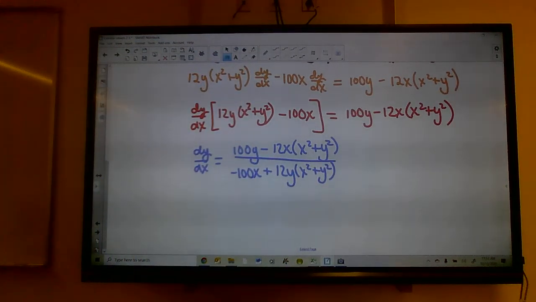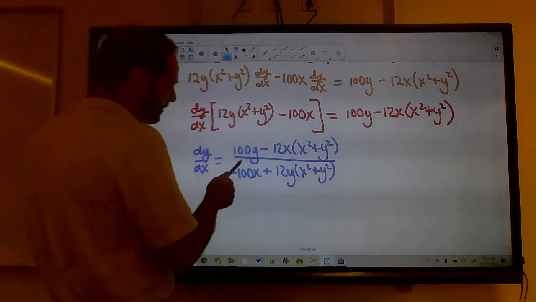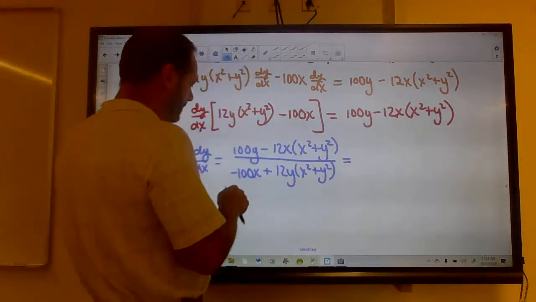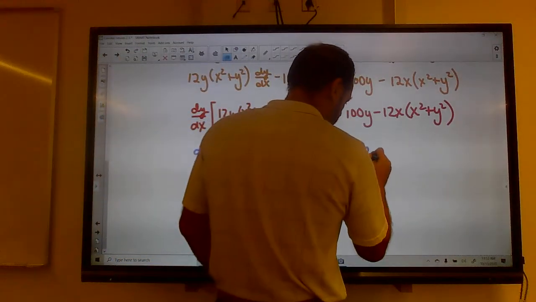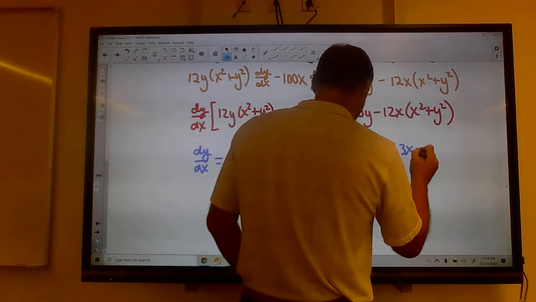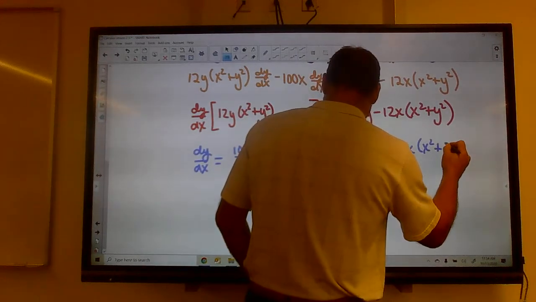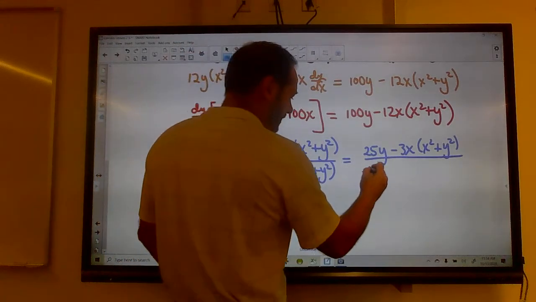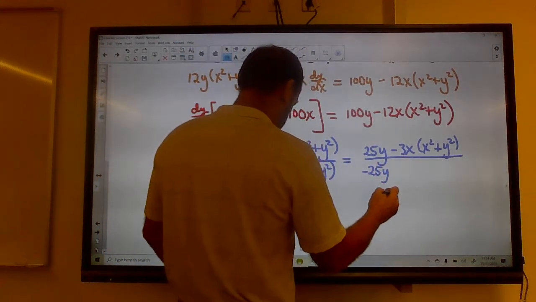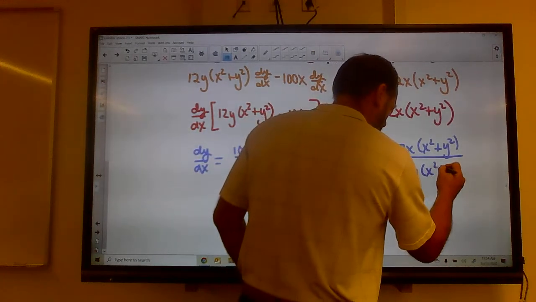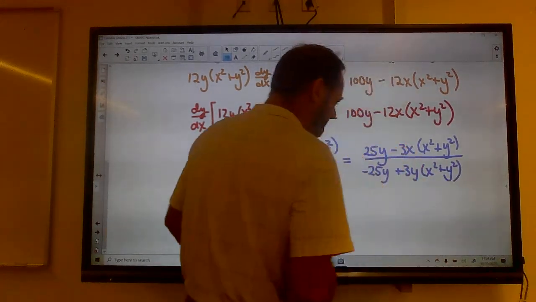And then you could clean this up a little bit more because all of these are divisible by 4. So if I divide that by 4, I get 25y minus 3x(x squared plus y squared), and then I get negative 25x plus 3y(x squared plus y squared). Okay, that's about as simple as we're going to get.